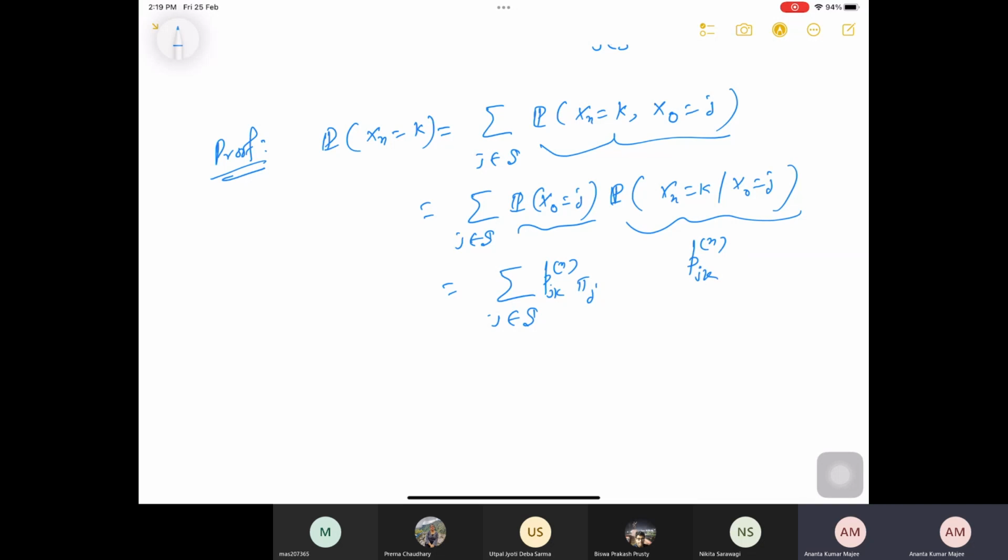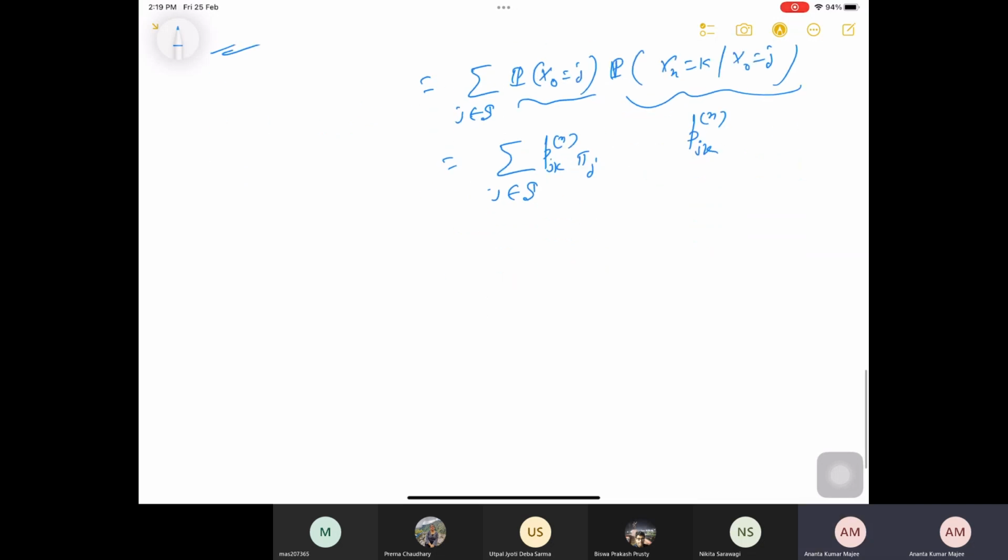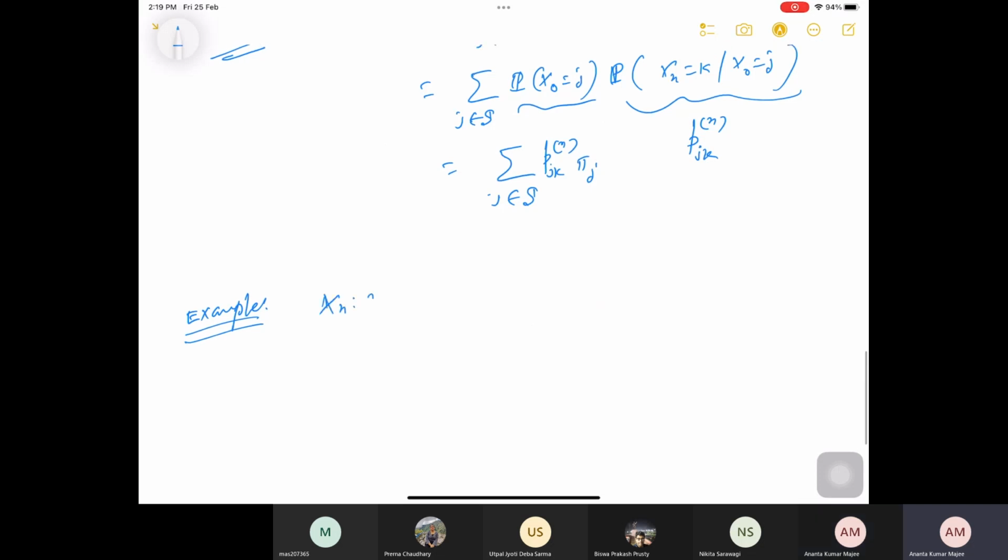Let us consider one example, then it will be clear. So for that we will use these properties. So Xn is a Markov chain, a DTMC, with state space S, which is say 1, 2, and 3.